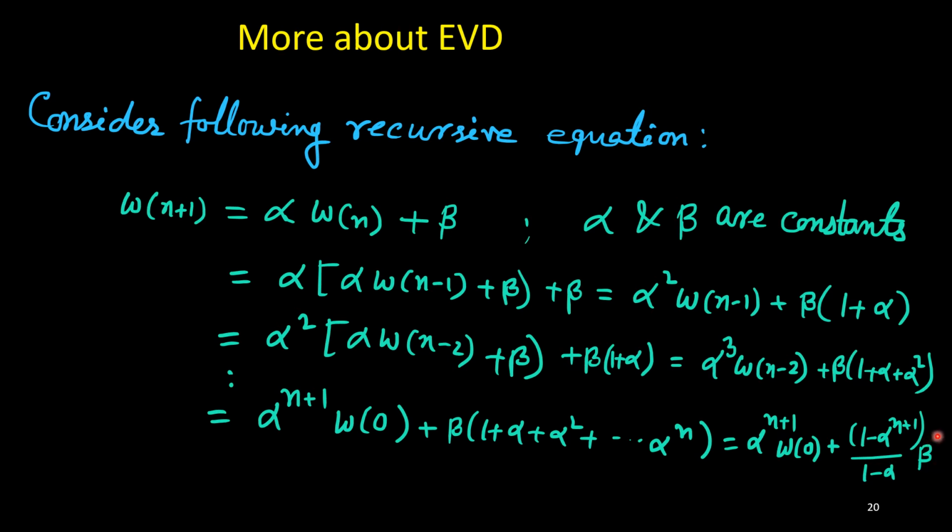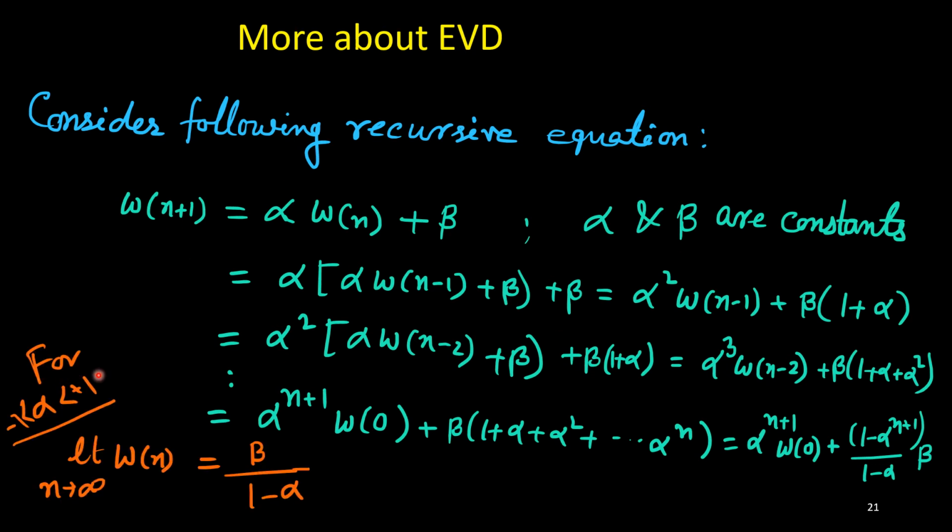So you see this recursive equation again. With this condition, minus 1 to plus 1, this part alpha to the power n plus 1 will become 0, so this term will vanish, and here this term will vanish.